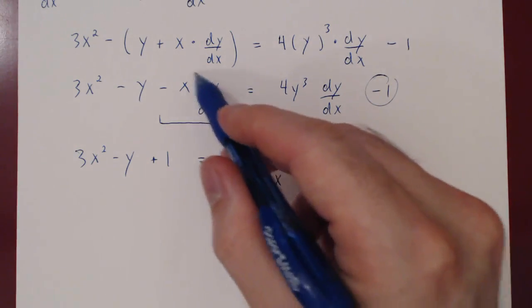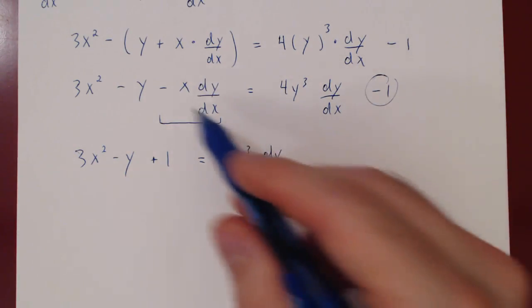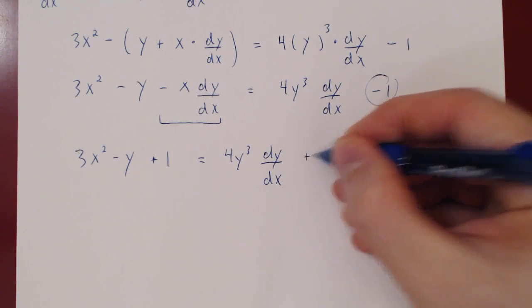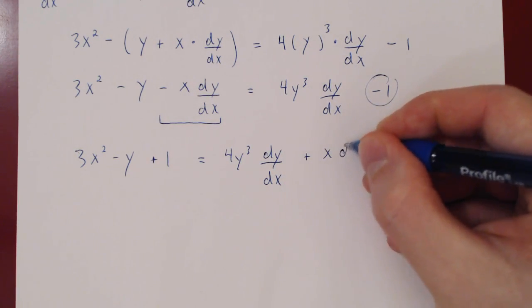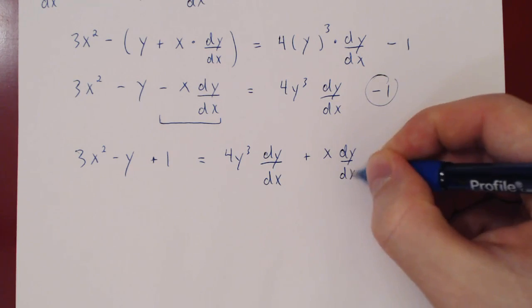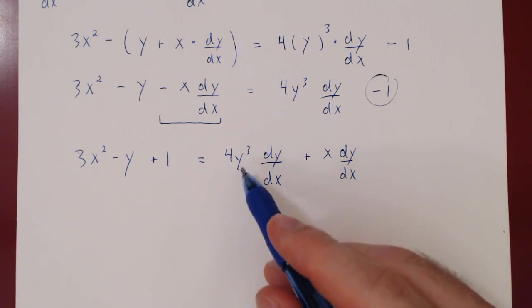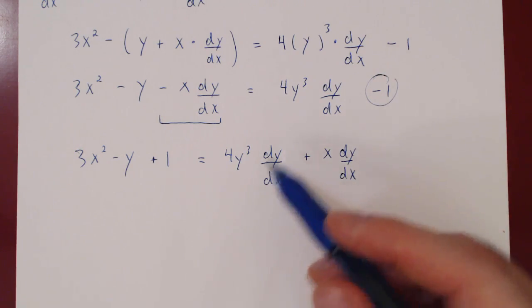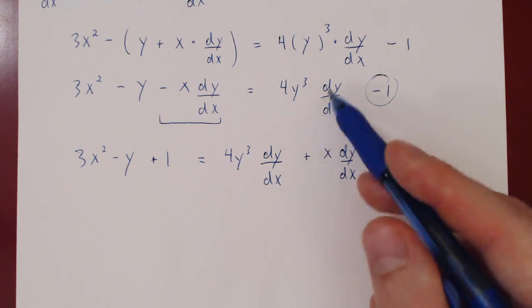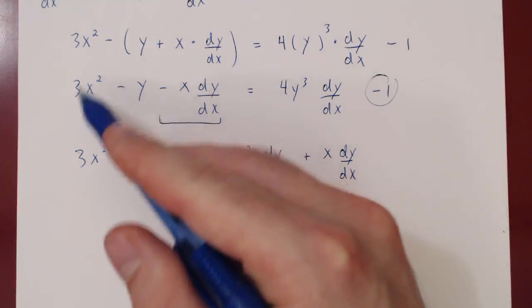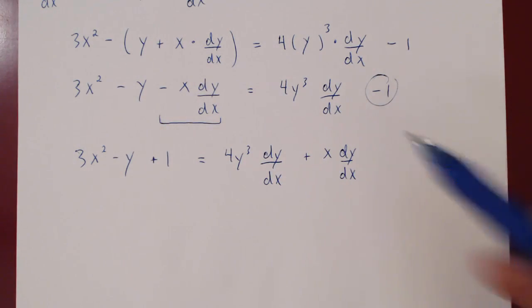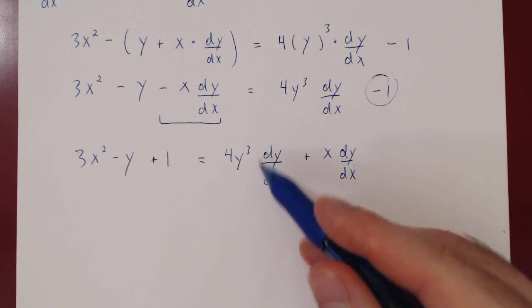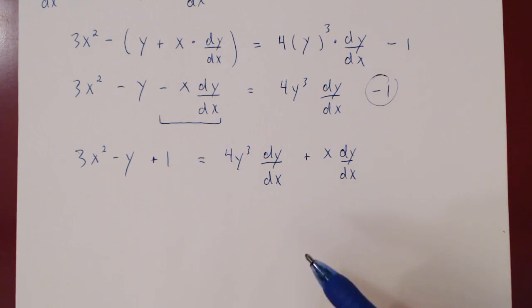And now we send this term to the right-hand side, so it becomes a plus x dy over dx. And now we've regrouped every multiple of dy over dx on the same side. You could have sent this term over here and the other two terms over to the right-hand side. It doesn't matter. But you have to send every multiple of dy over dx on the same side.